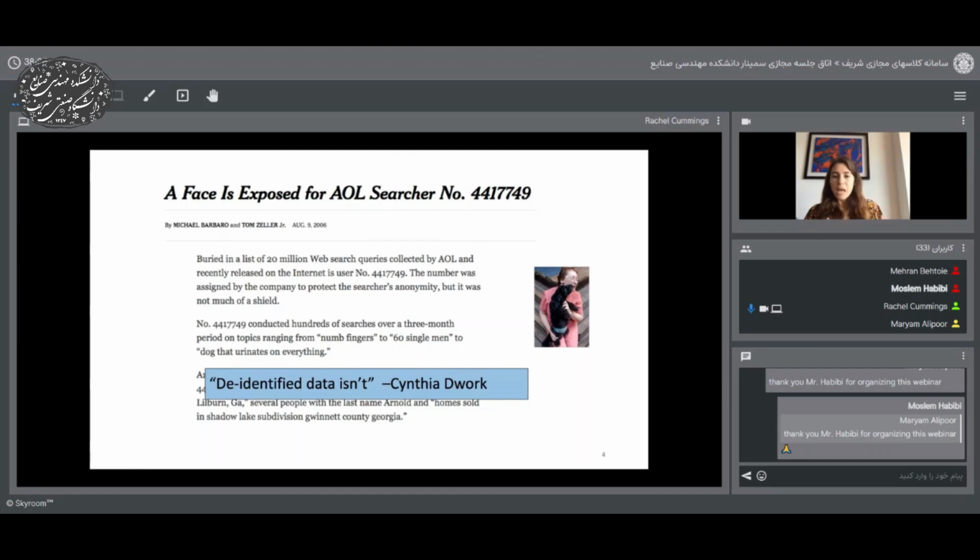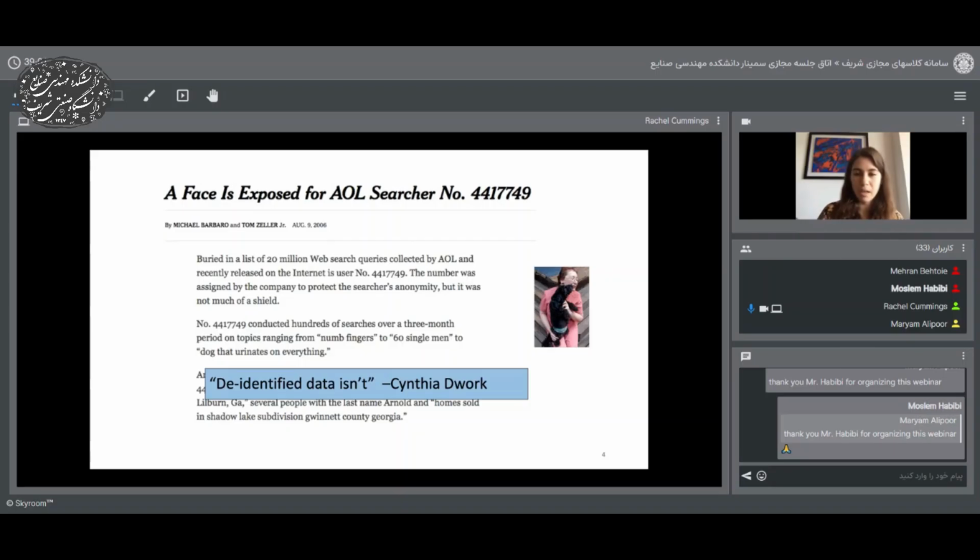And so this brings up the question, how do we anonymize data? And the answer is we don't. The famous privacy theorist, Cynthia Dwork, who is faculty at Harvard, famously says de-identified data isn't, meaning that either it's not properly de-identified, as in this case, or it may be that if we take out so much of the content to make it anonymous, it's no longer data, right?